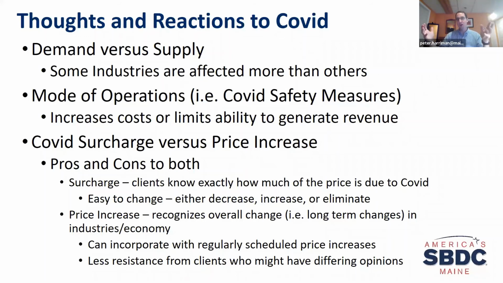So the COVID surcharge, I agree with if it's a short-term thing and the COVID surcharge is going to go away at some point. But if this is now just, I hate saying it, the new normal, then price increases might be more apt towards your clients. And you also get less resistance from clients if they don't see that extra line item for a COVID surcharge, right? So price increases, you can just incorporate into your regular price increase, which you should be doing regularly.